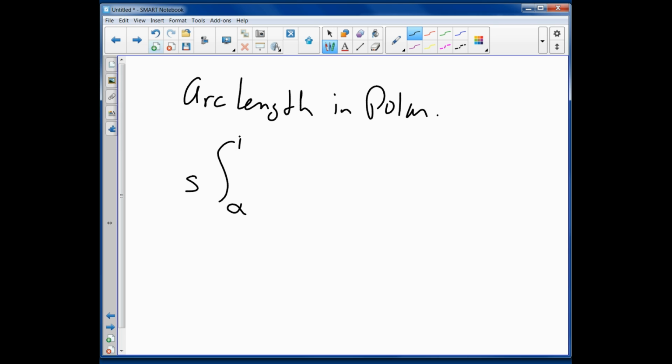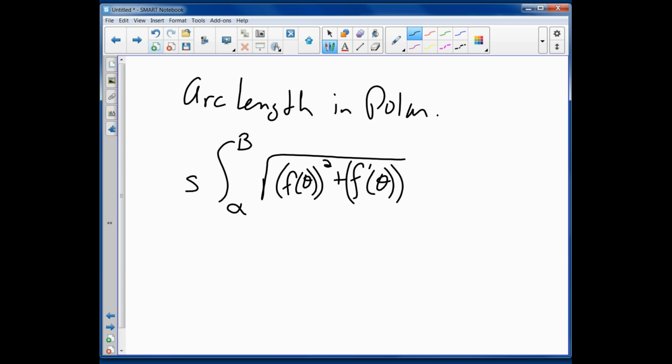Now you got to really pay attention to arc length, because every other arc length we've had has been like f prime squared plus g prime squared, right? This one's not. This is f of theta squared plus f prime of theta squared. This one's different than all the other arc length formulas that we've had. Yeah, that's just one more formula you got to memorize.